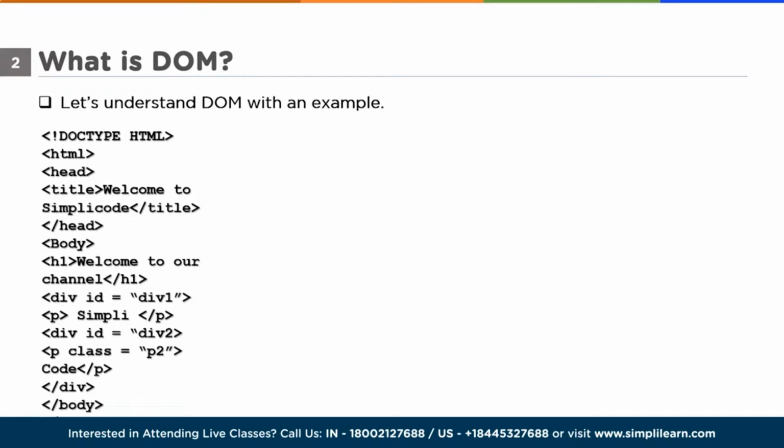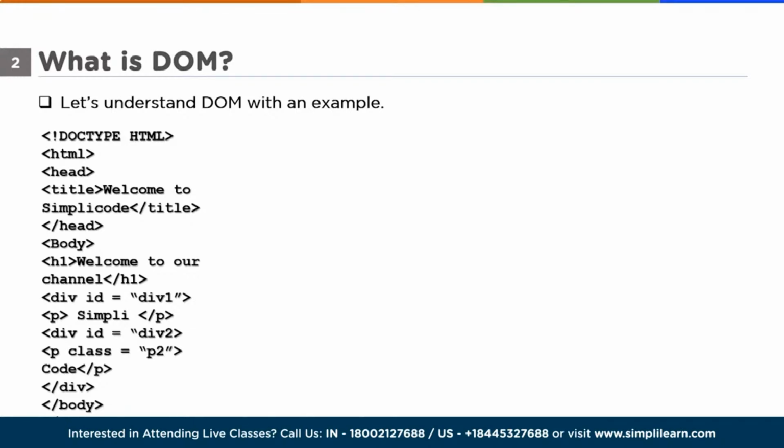Inside the HTML tag, we have the head tag, which contains the document's header part. Inside the head tag, there is a title tag that contains the title of the web page. Then comes the body tag, which contains a heading tag and two div tags with IDs as div1 and div2.